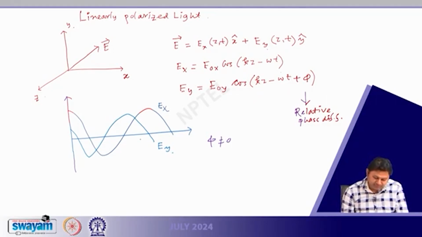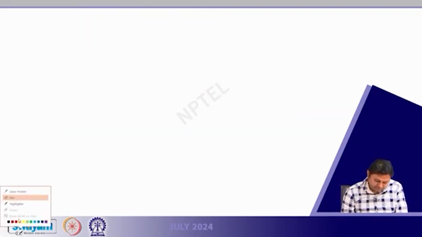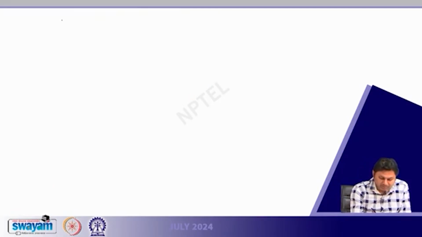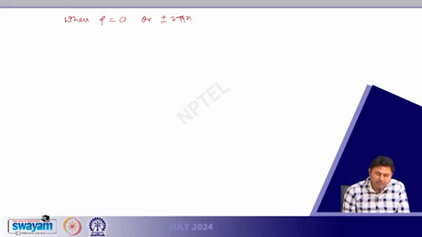Now, this is the general case. What happens when phi is 0, or plus minus 2 pi n? Then these two waves are in phase.